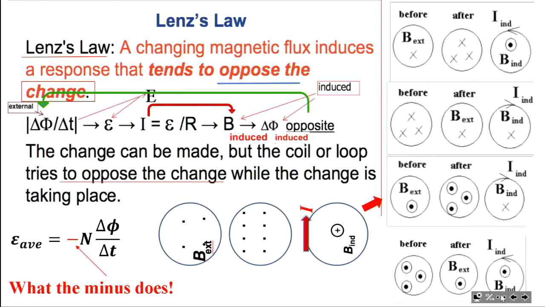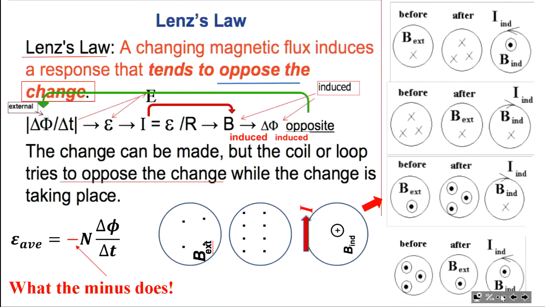That will help the external flux, or like in this example, induced magnetic field has direction opposite to the external, so it tries to kind of keep it down.